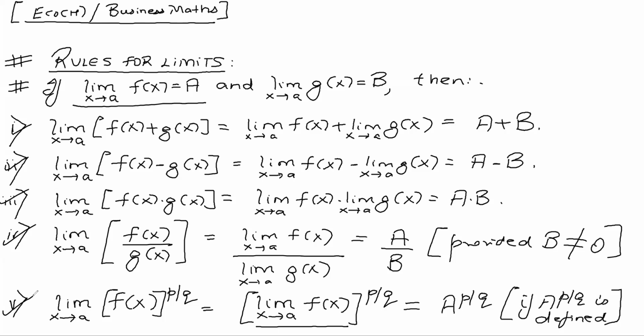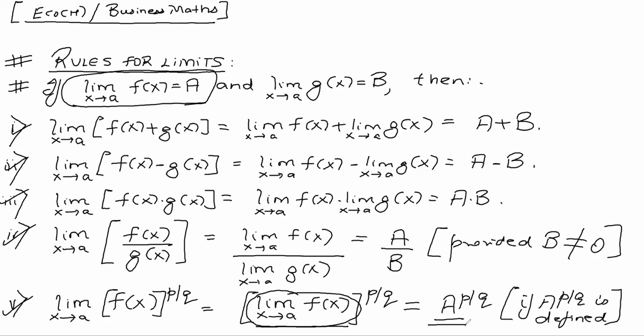So limit as x tends to a, f of x to the power p by q, I can take the limit inside the bracket whole to the power p by q. And limit as x tends to a, f of x is equal to what? It is equal to A. So I can write A to the power p by q. I hope the rule is clear now. Yes sir.